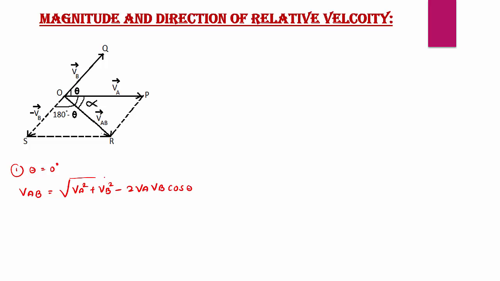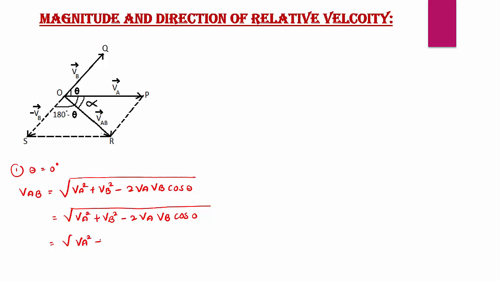This is our equation 1. Substitute theta equals 0. We will get VA square plus VB square minus 2 VA VB cos 0. Cos 0 is how much? Cos 0 is equal to 1. So the equation becomes VA square plus VB square minus 2 VA VB, because cos 0 is 1.